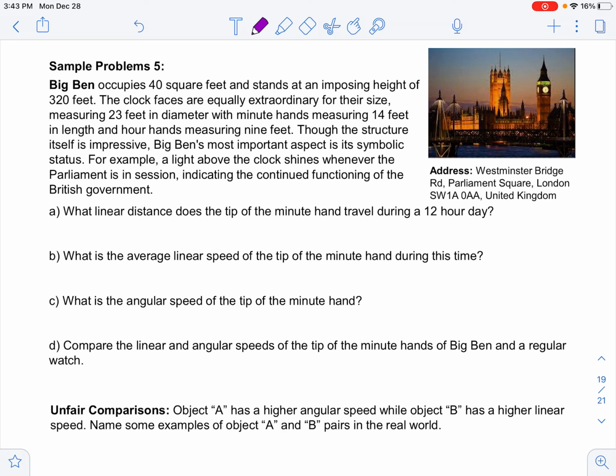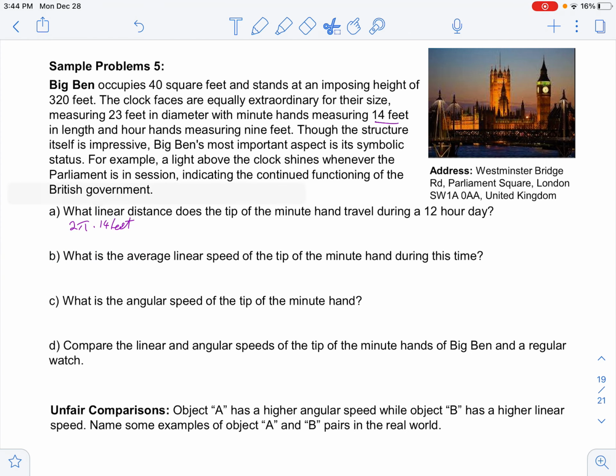When we're looking at the linear distance of the tip of that minute hand, we first have to figure out how far it travels. So first, I'm going to go with 2 pi r, and our r is your 14 feet. We got that from here, 14 feet. So 2 pi times 14 feet. That is how far we travel.